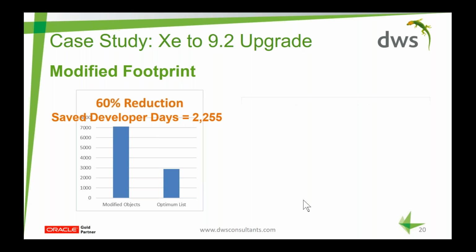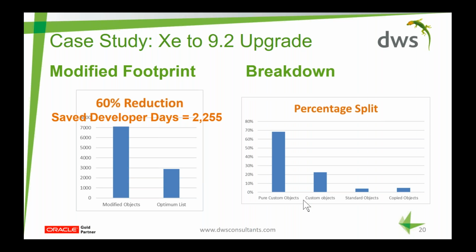Our sophisticated Dimension net change tools have also been able to classify these 1,700 odd objects as pure customs. As you heard just now when I was talking about pure custom, that's a significant win for the customer, and it helps with the testing and the speed of the upgrade.